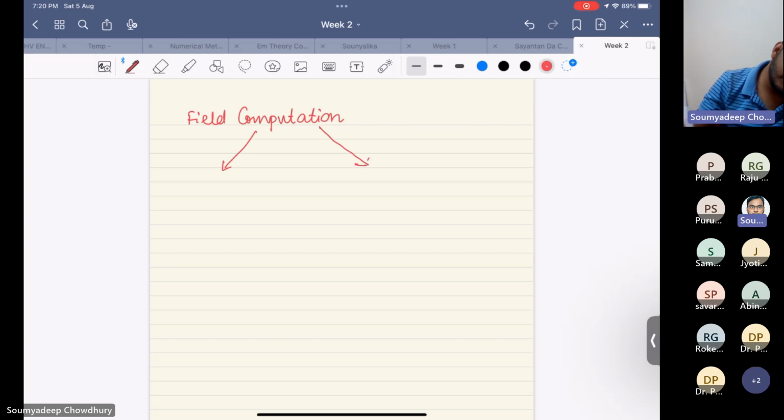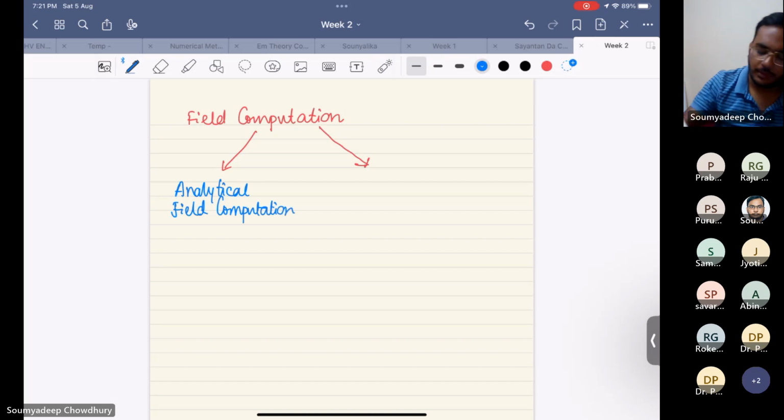Anyone has an idea what the two broad ways of field computation are? One is analytical field computation. Another is numerical.